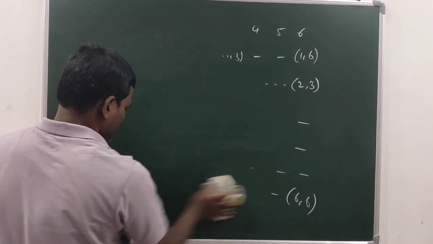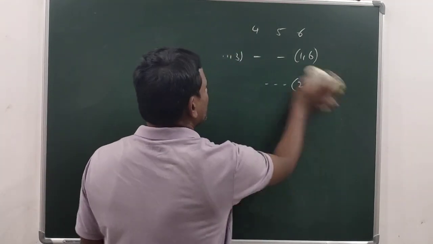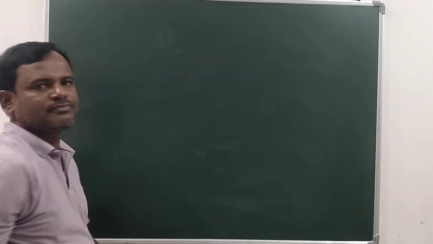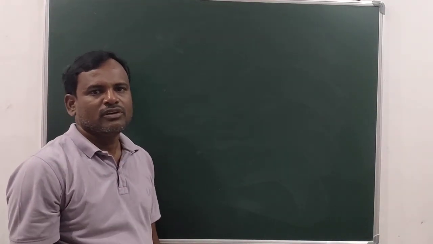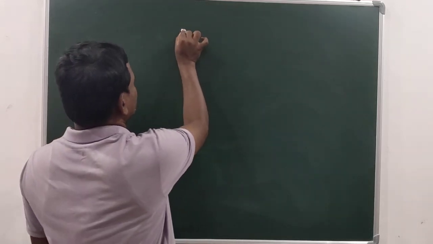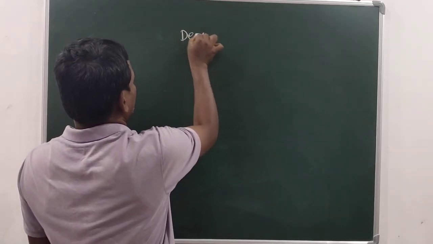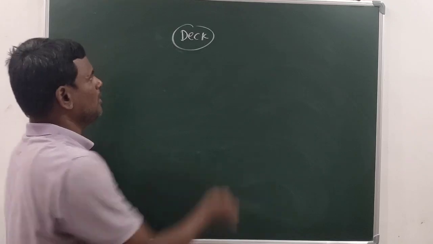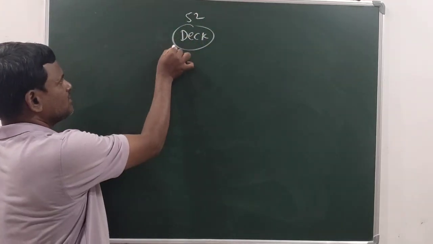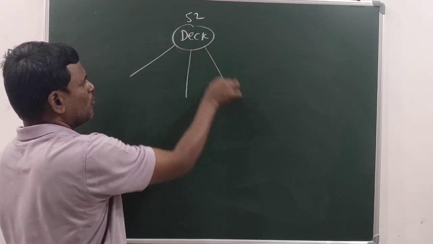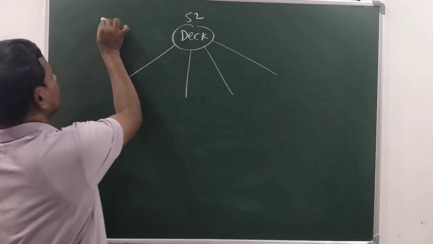Now let us go to the description of cards. Deck of cards, playing cards. This deck has 52 cards, which divides into 4 suits.